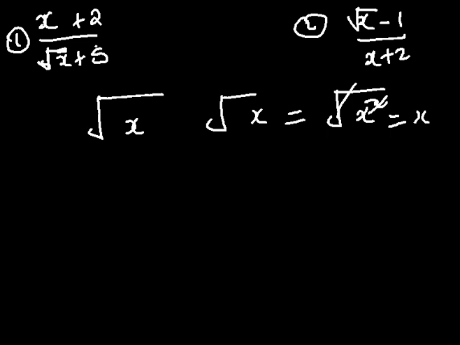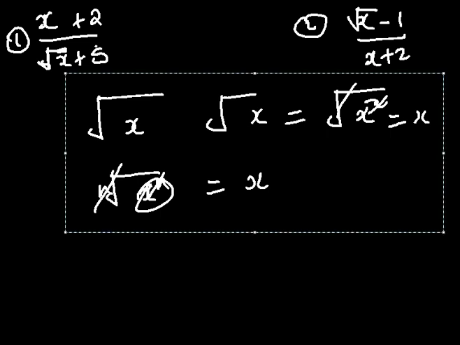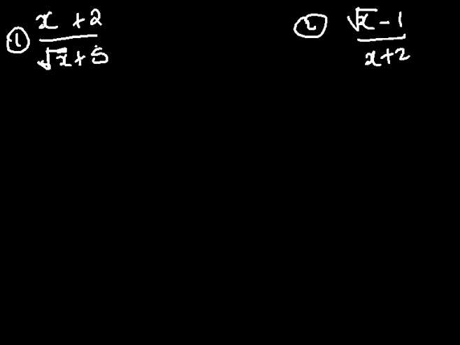So in other words, if we have the nth root of x to the power n, this is the same as x, since the power of x and the index of the root become the same. So in that case, the root will vanish and we just have x there. So keep that in mind. Now let us see how we can rationalize the denominator for this.